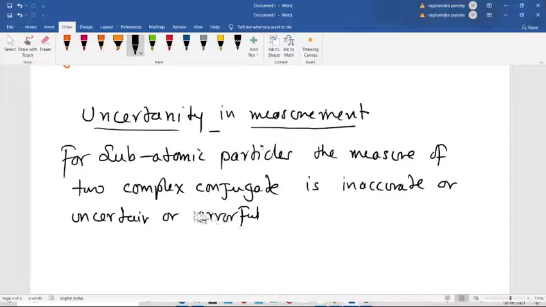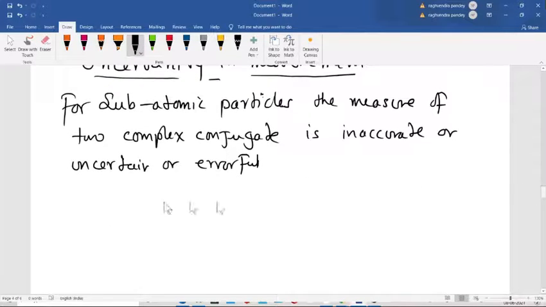Have you studied error in physics? Error in the measurement? So that will come here. So let's talk about the complex conjugate. At the level of 11, 12, there are two complex conjugates. Complex conjugates are two physical properties.